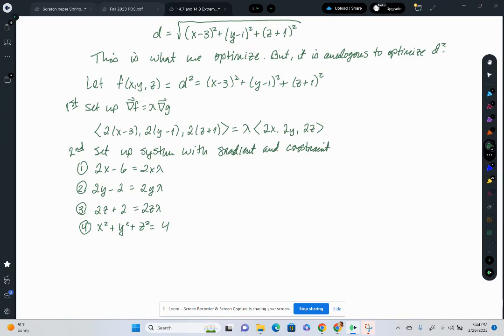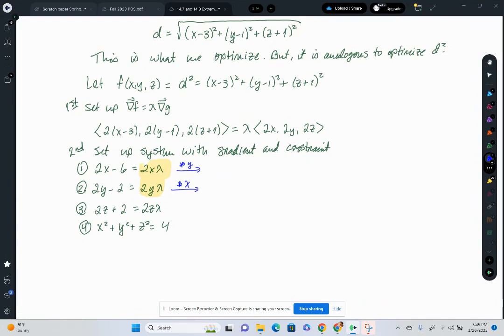However, notice the right-hand sides of, for example, the first and the second equations. They're almost the same: they both have a 2 and a lambda, but one has an x and the other has a y. So if I multiply the first equation by y and the second equation by x, then the right-hand sides would be the same.